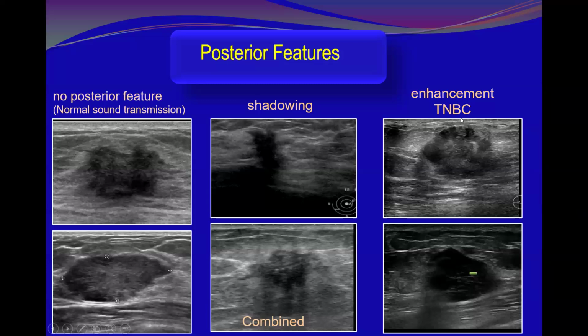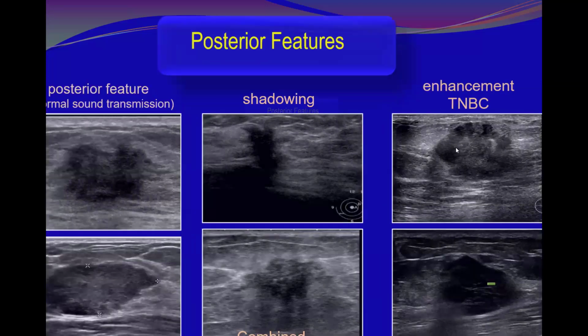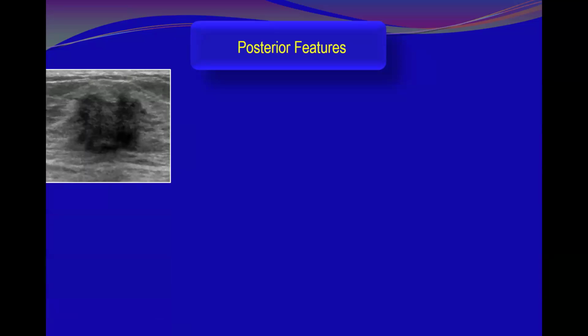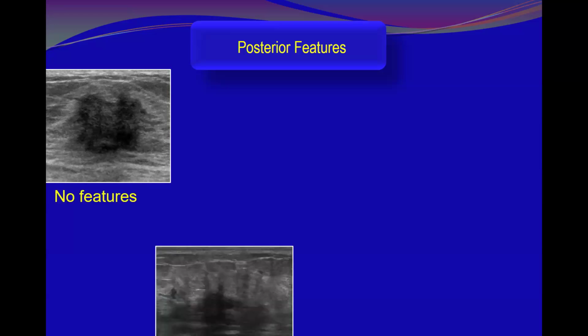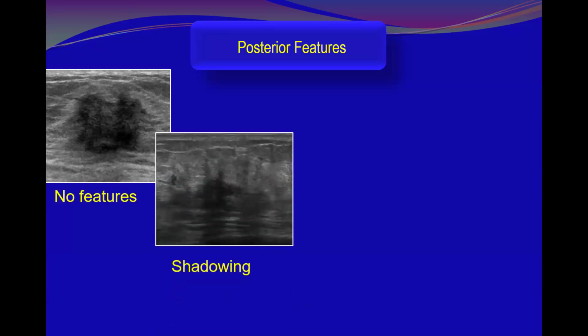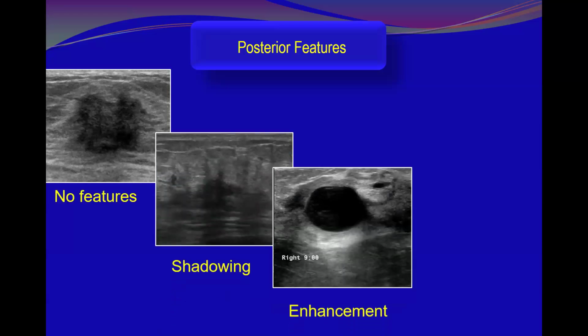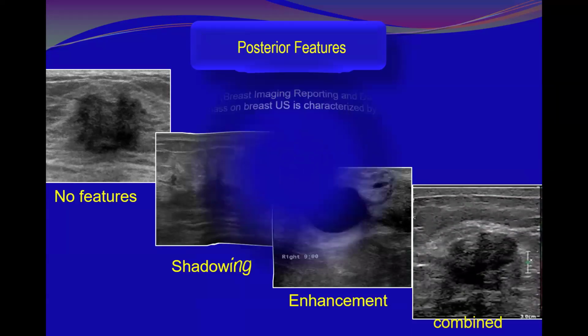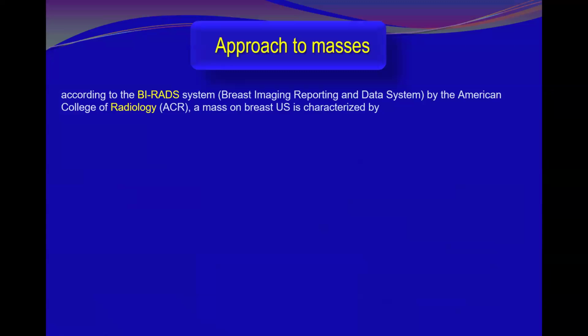These are triple negative breast cancers, demonstrating posterior enhancement, highly cellular, high-grade lesions. Again, not affected, no features, shadowing, enhancement, and combined.